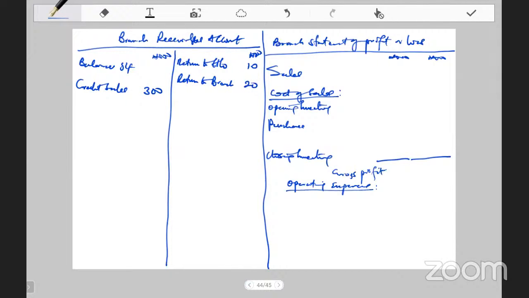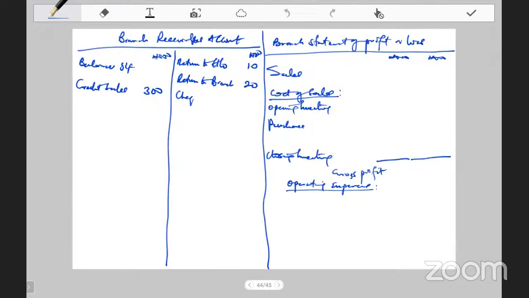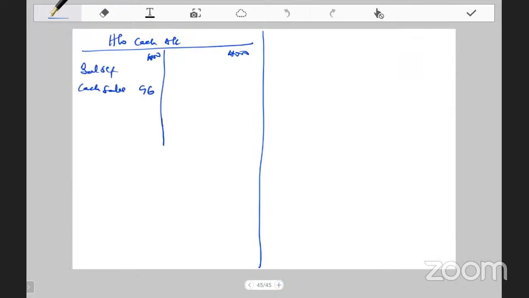That's 20. Next, check receipt from customer, 200. I have that from my branch receivables.